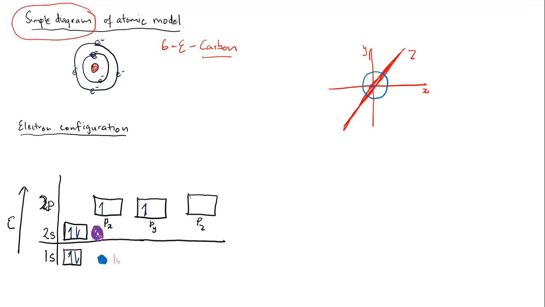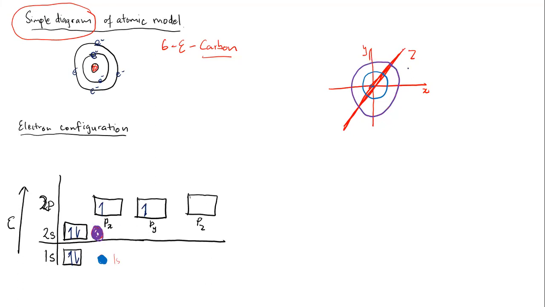Now you'll understand why the 2s is larger than this. The 2s has to encompass the 1s orbital, so the 2s will surround the 1s. Why? Because this 2s orbital is a little bit larger, a little bit higher in energy than the 1s orbital.